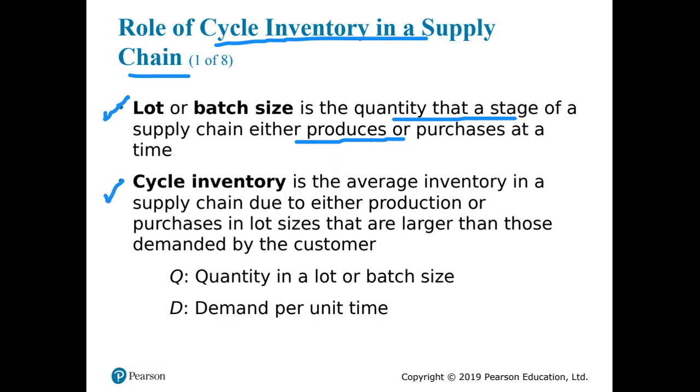Cycle inventory is the average inventory in a supply chain due to either production or purchases in lot sizes that are larger than those demanded by the customers. So from here onward we will be using Q as the quantity in a lot or batch size. D is going to be the demand per unit time.